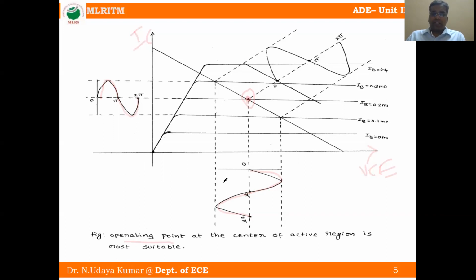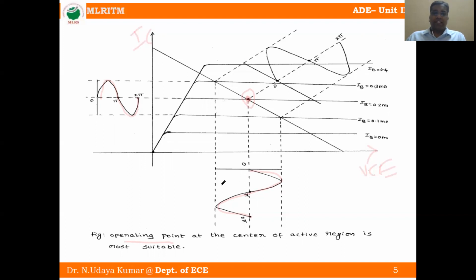So we are talking about the stability concept. To stabilize the amplifier, we have to put the operating point or Q point at the middle of the active region. Then that amplifier gives the stability.